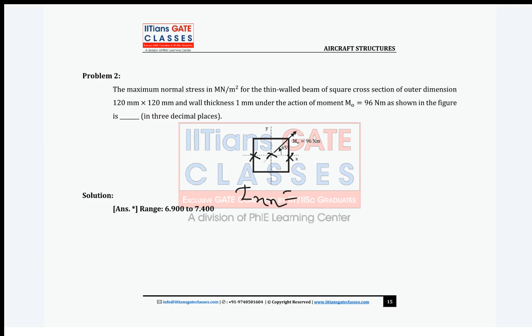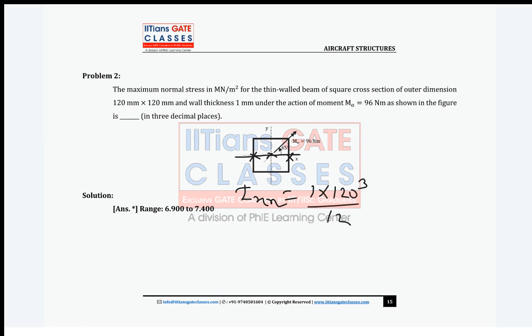Because your centroidal axis is again the centroidal individual axis. So your Ixx here is bd cube by 12. Now guys, what is the thickness b here? 1. What is the height? 120 cube by 12. So this and this is done.